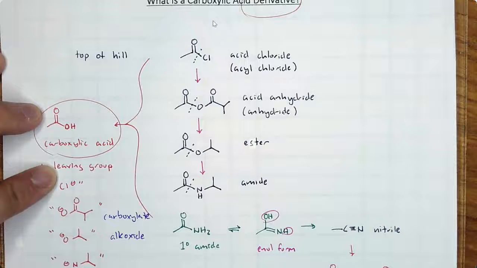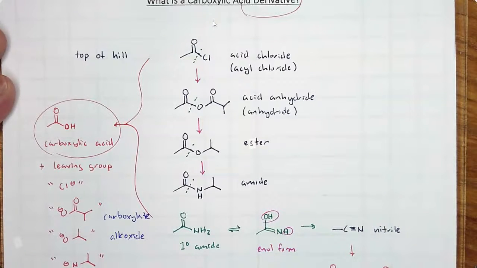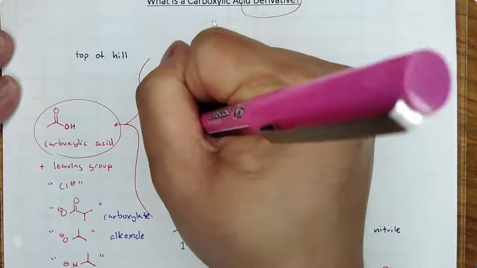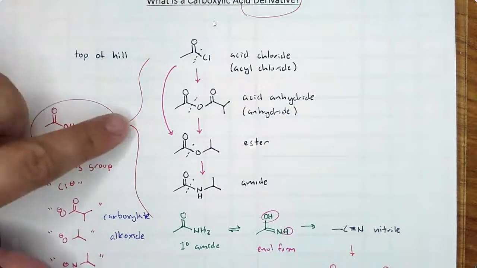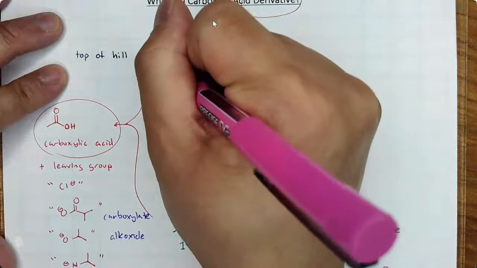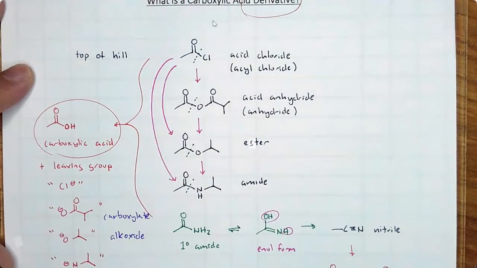Remember, it's very easy actually to go downhill. So all of these pink arrows we can do fairly readily in the lab, but also we could go down here, right? That's still downhill, and yes, one of the best ways to make an amide is via the acid chloride. And then what arrows are we missing?